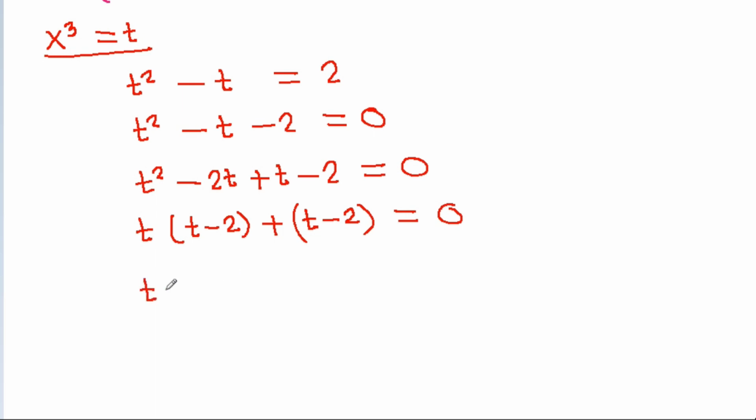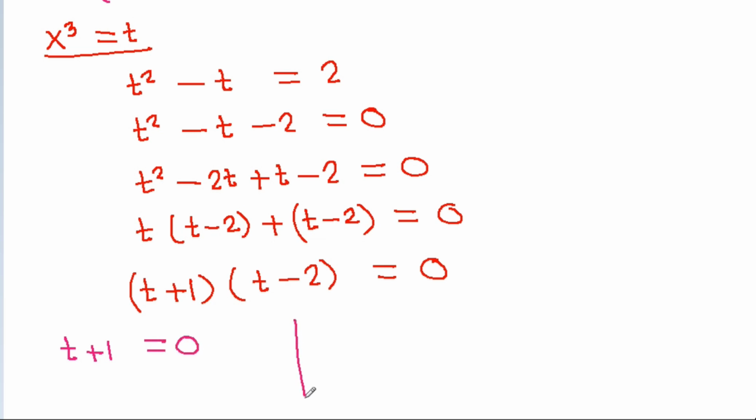And it is (t + 1)(t - 2) = 0. So either t + 1 will be 0 or t - 2 will be 0.